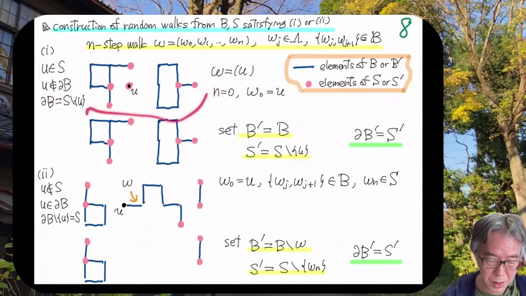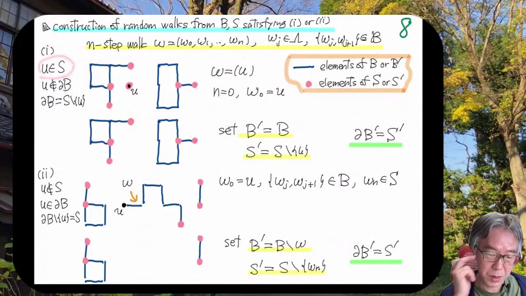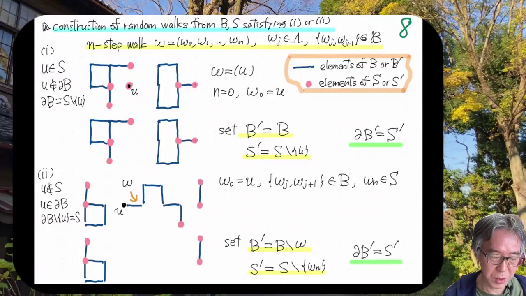This is an example, and in this case the condition says that u is in S. So u is on this pink site, and it's not on dB. Of course, it does not touch any site here. And in this case, what is our random walk? Well, it's very simple.